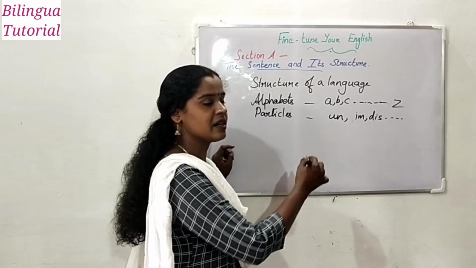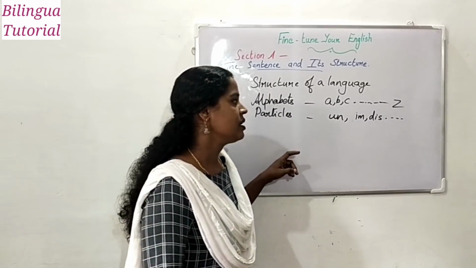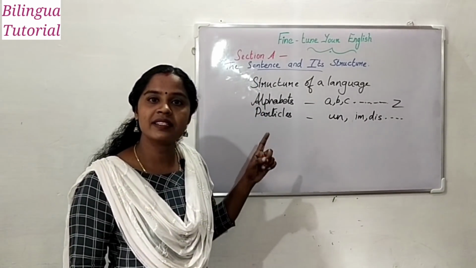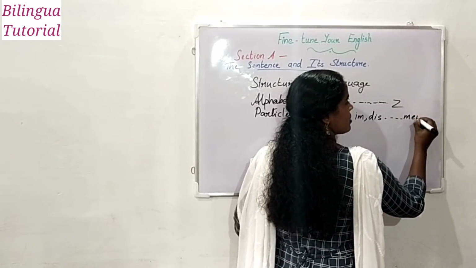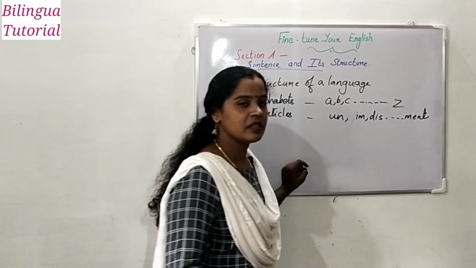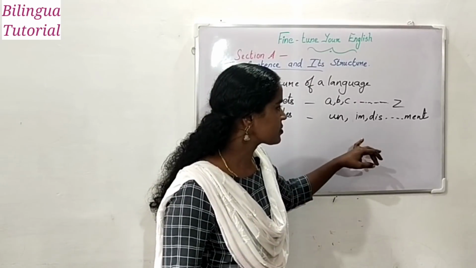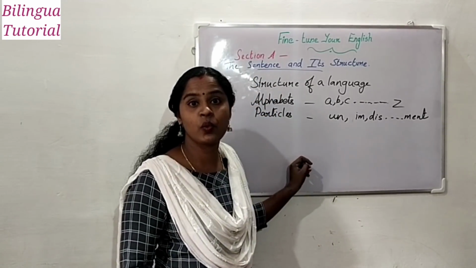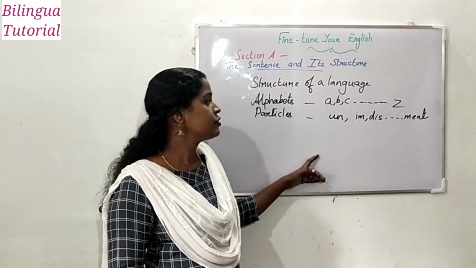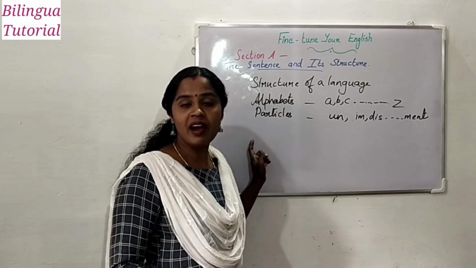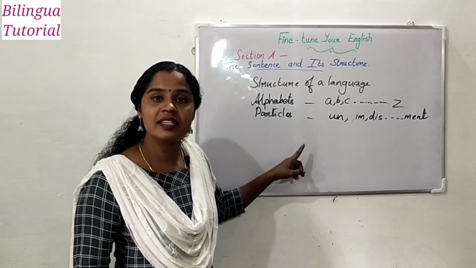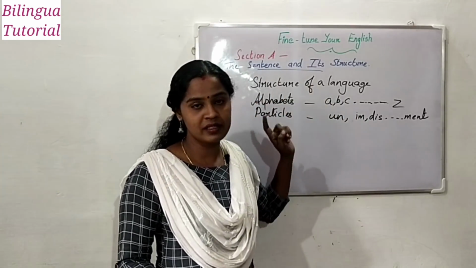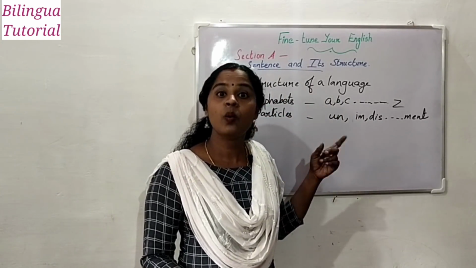Just like un plus happy, unhappy. Then dis plus like, dislike. Then ment, that is a suffix. Achieve, achievement. Just like that, to make new words, we can add these particles. So, by adding these particles and some more letters, we can make words.